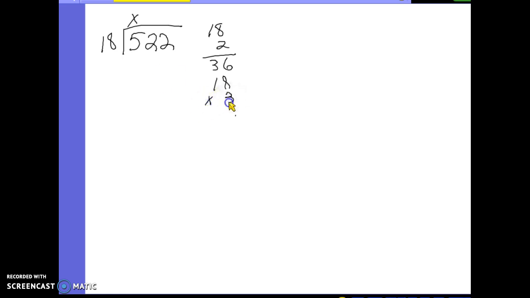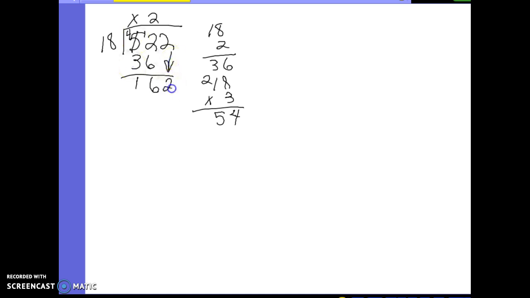18 times 3. What's 3 times 8? 24. Regroup the 2. And 3 times 1 is 3, plus 2 is 5. Can we do 3? No. So we're going to have to go back to 2. And that was 36. 12 minus 6 is 6. 4 minus 3 is 1. Is that smaller than 18? Yes, so we're good.